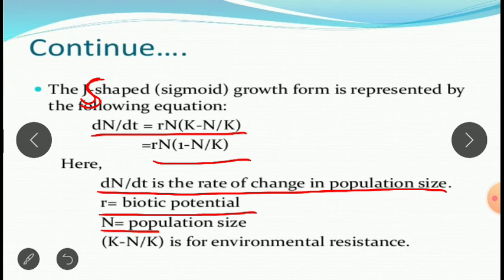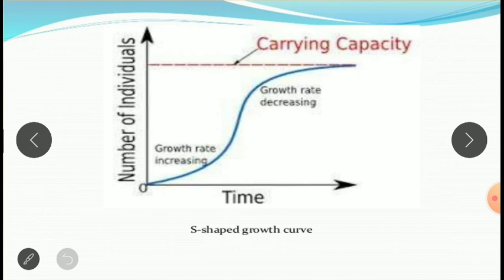N is the population size, and K is the carrying capacity. (K - N)/K stands for the environmental resistance, that is how the environment puts a control over the population growth with its carrying capacity. And this is how you get an S-shaped growth curve.